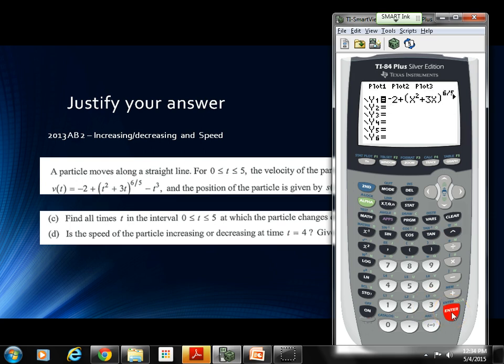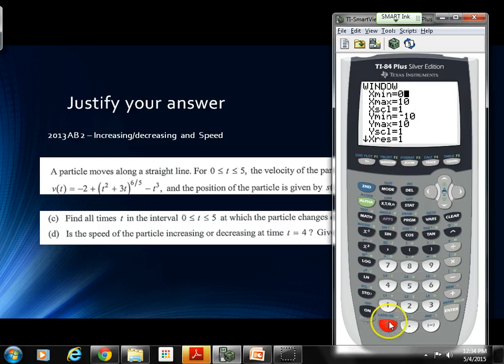What am I looking for if I'm to use my calculator? When the particle changes direction, they could ask something like, when is it moving right or moving left? What do I want? Velocity changes sign. That gives me changing direction. So I could look at the graph, and even better, since it's 0 to 5, can I cheat just a little bit?